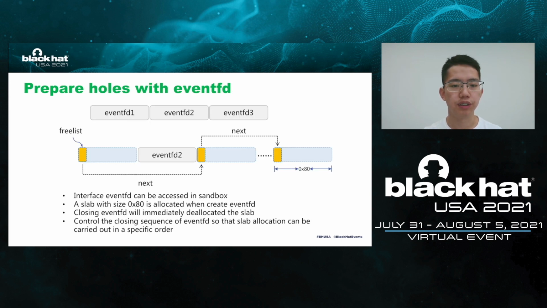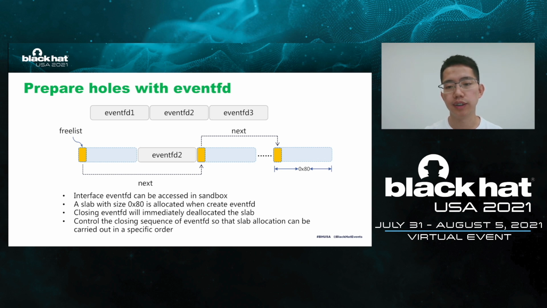Through continuous testing, we found that eventfd can help us accomplish this task well. It has several characteristics. First, it can be accessed in the sandbox, and closing eventfd will immediately deallocate the slab.